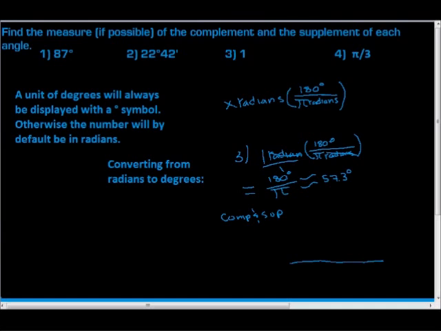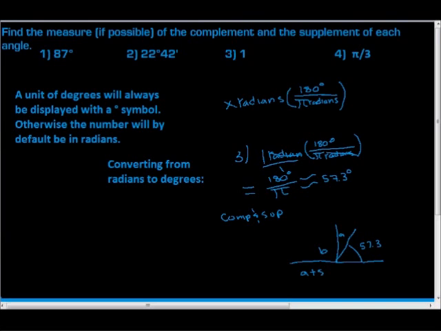So let's go ahead and create a little chart here, and we have right here, we're going to have 57.3 degrees, and then we have part A, which will give us our complementary, and part B, which will give us our supplementary.